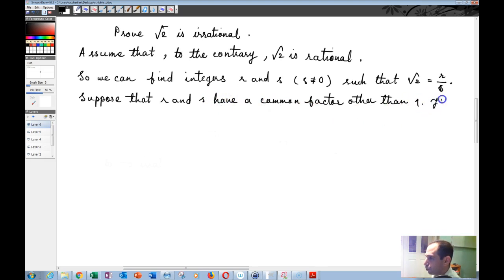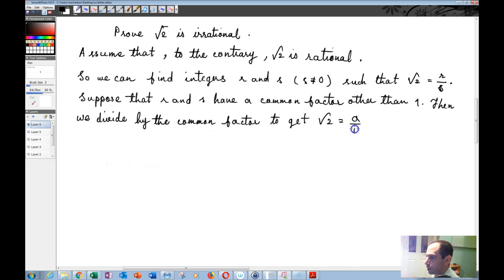So then we divide both the numerator and denominator by the common factor, to get square root of 2 is equal to a over b, where a and b are coprime.